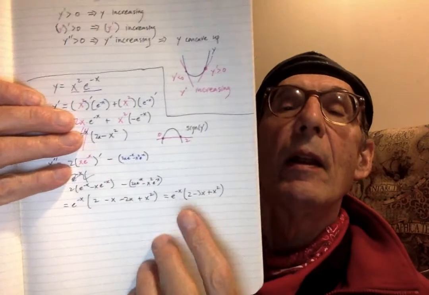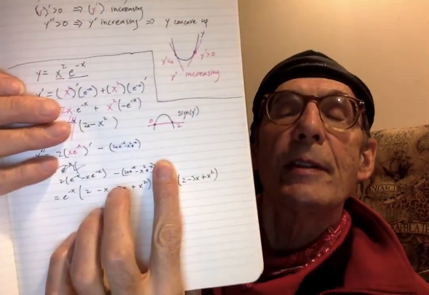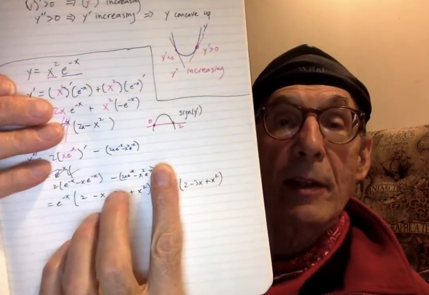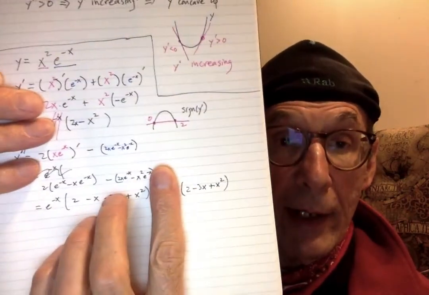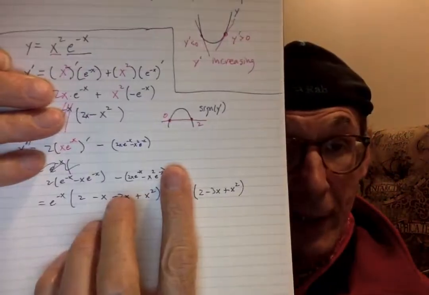Okay, that is a factor I'm going to ignore, and so the sign of the second derivative is the sign of this quadratic, which we can get at by graphing a parabola. Now this is a right side up parabola, and so when I look at the sign of y double prime, I have a right side up parabola, and you're going to have to check me on the factoring, but I'm factoring this correctly.